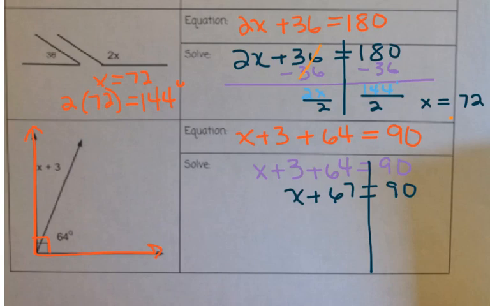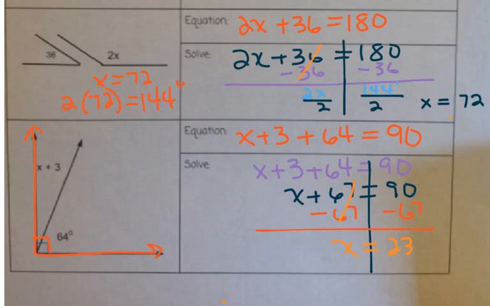Now, it's just a one-step equation. I need to subtract 67 from both sides. When I do that, the 67s will cancel. I'll be left with what x equals, and x equals 23. But just like the last problem, that's what x equals.